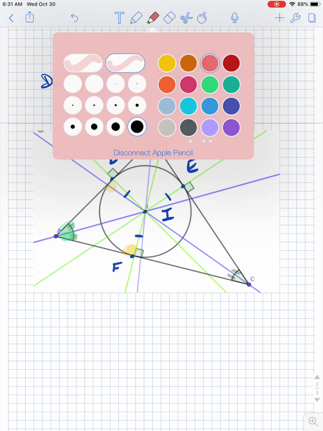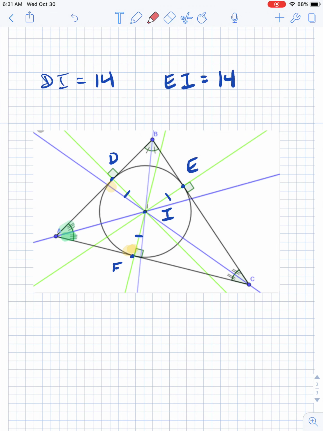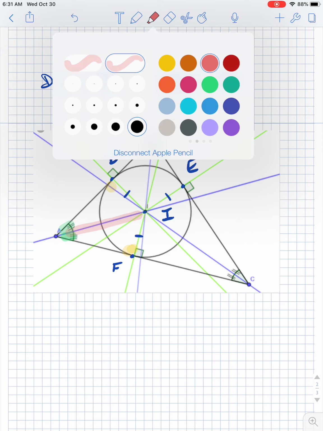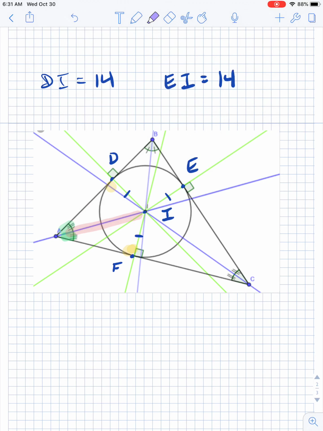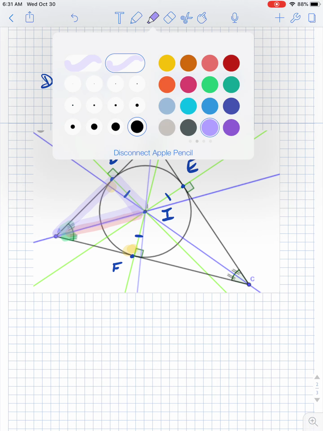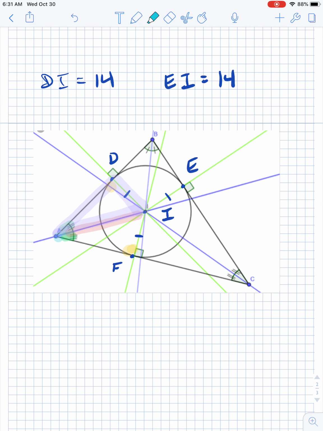And then we have that this side is being shared by these two triangles, which let me highlight in a different color. So we have this triangle here, and we have this triangle here, right?